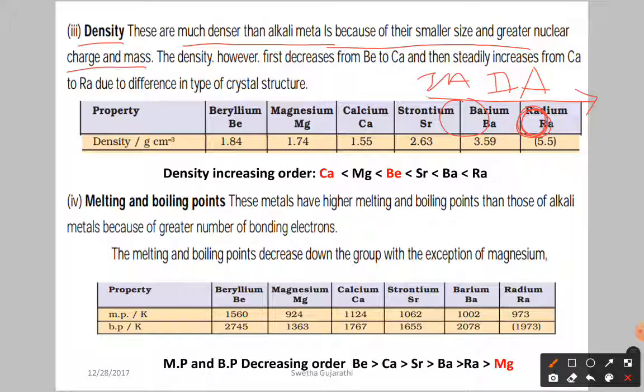However, here the density first decreases from beryllium to calcium and then steadily increases from calcium to radium, due to differences in the crystal structure.